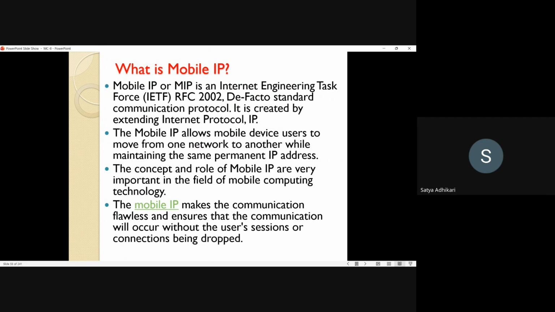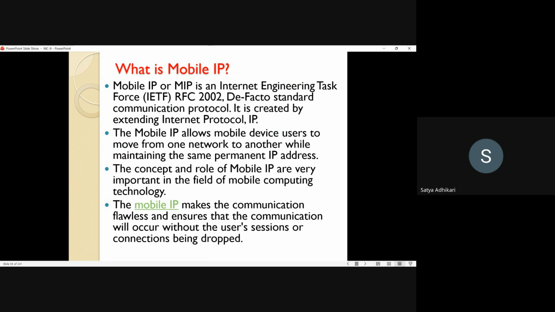This is important. Suppose you are moving in a car, leaving an existing network and entering a new network. At that time, you are maintaining the same permanent IP address. This work is performed by this protocol, mobile IP. The concept and role of mobile IP are very important in the field of mobile computing technology.